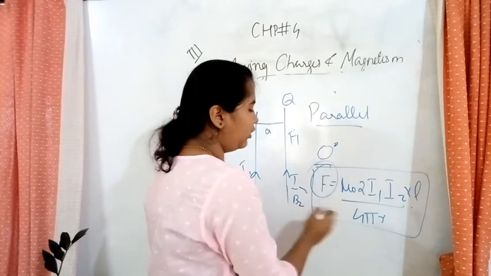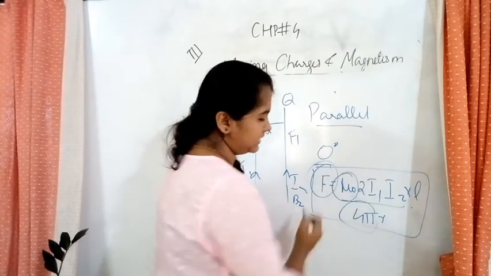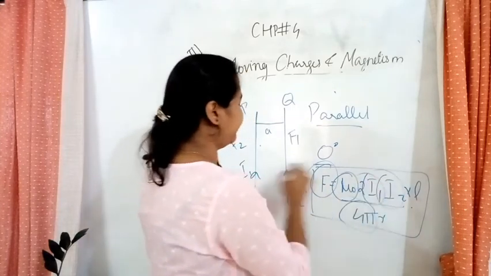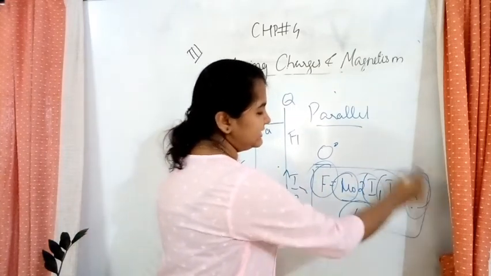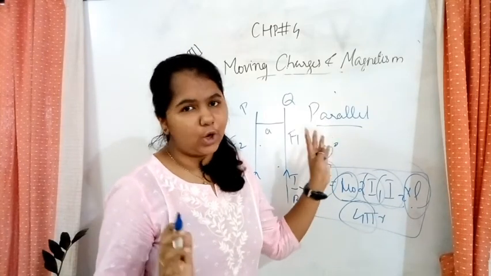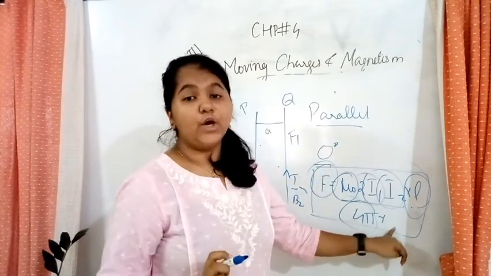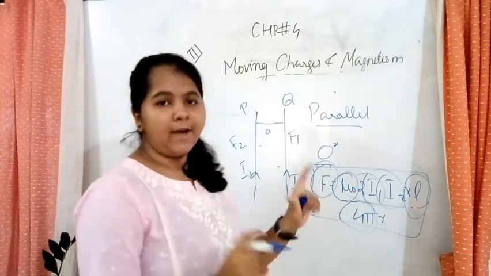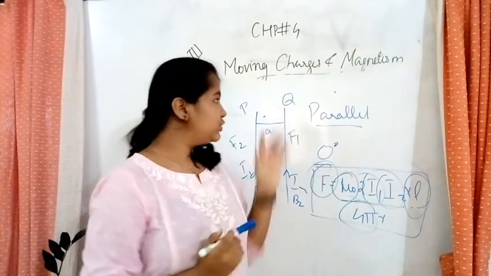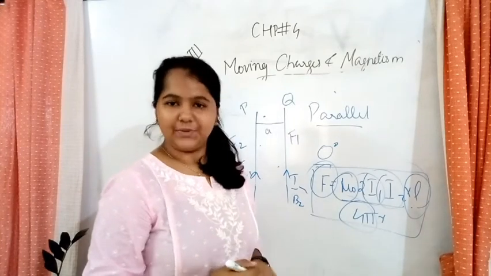F is the total force, mu 0 by 4 pi is the constant, I1 is the current flowing through P, I2 is the current flowing through Q, L is the length of these conductors. These are infinitely long conductors. And r is the distance between them, that is A or r. Okay, so this is our equation. I hope this equation is clear.